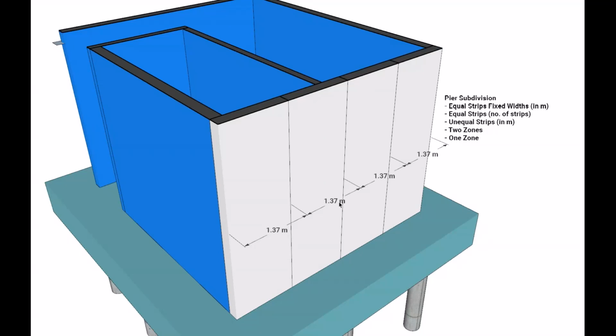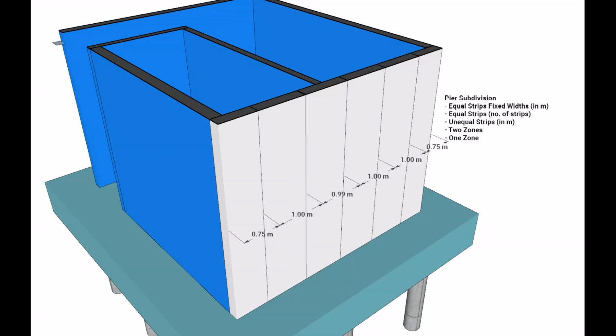For both the fixed width and equal strips, the strip dimensions can be optionally rounded up or down, taking into account the reinforcement bar locations. These first two will likely be the most commonly used, but we also have the option of specifying unequal strips, whichever way you like, by inputting the exact length of strips we want for each within the software.